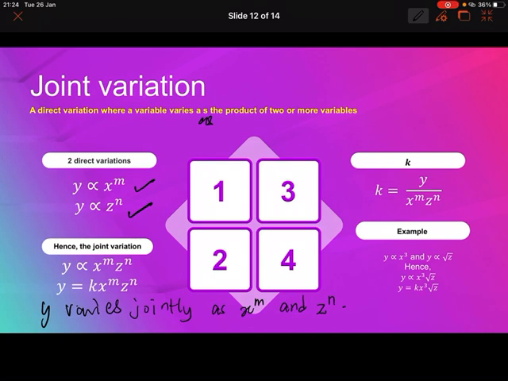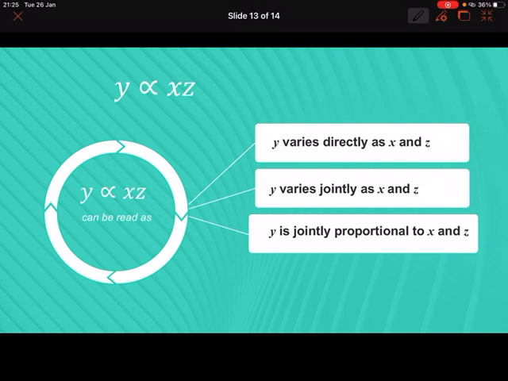Here for number 4, I have another example. You can have a look at another example there. It's the same thing, I just use different variables so that you can see how it works. Y varies jointly as x and z can be read as y varies directly as x and z.